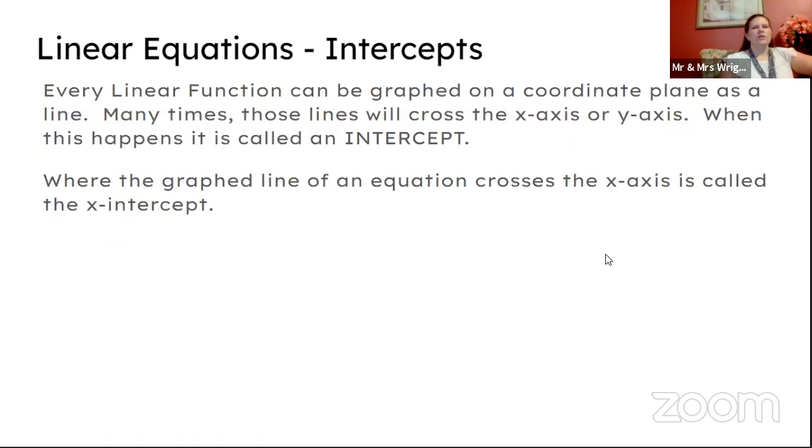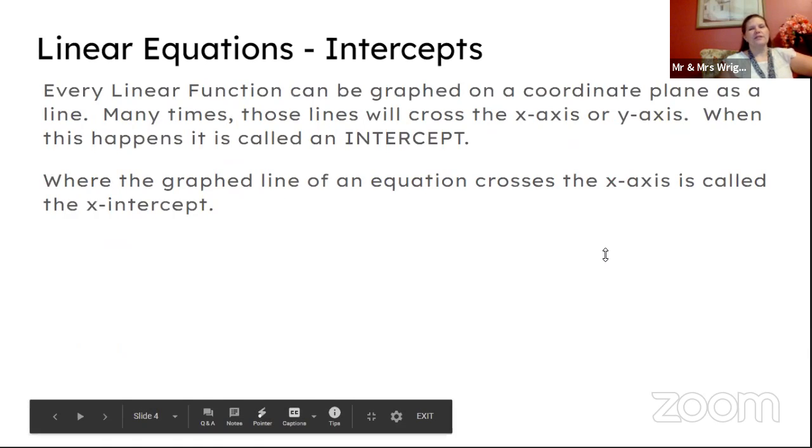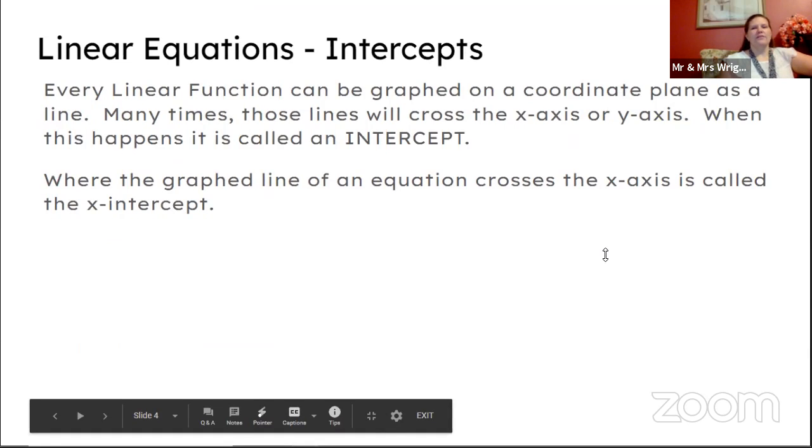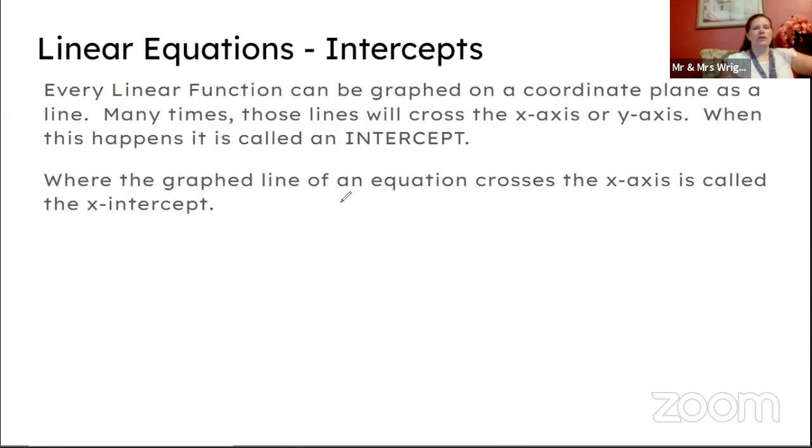Okay, so linear equations generally will have an intercept, and an intercept is somewhere where the graph of the linear equation crosses an axis. So here we have a coordinate plane, and you have the x-axis and the y-axis, right?